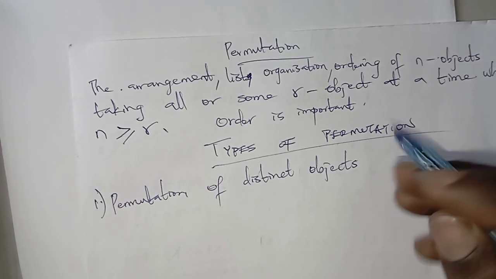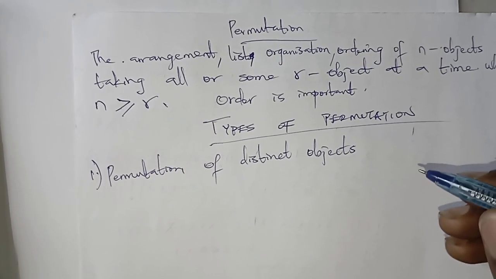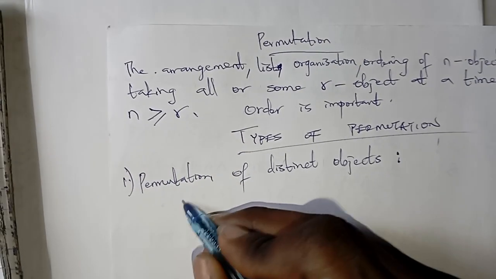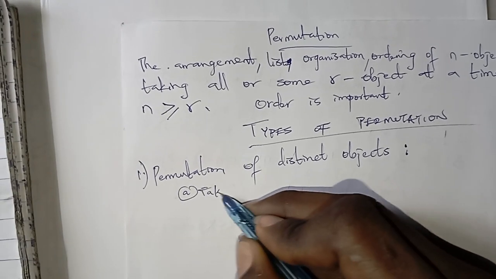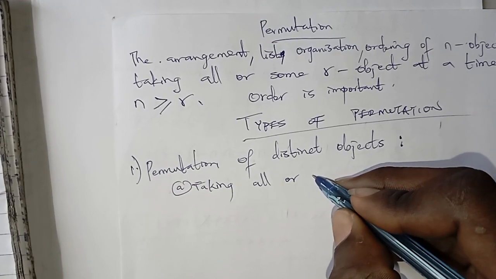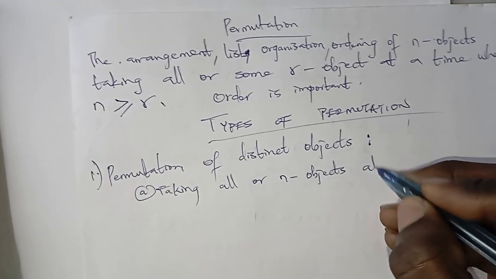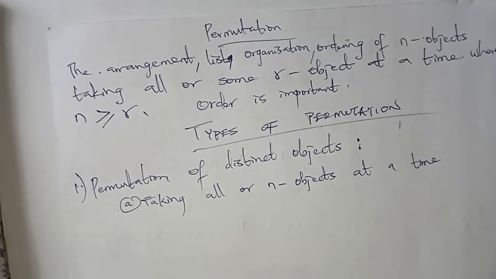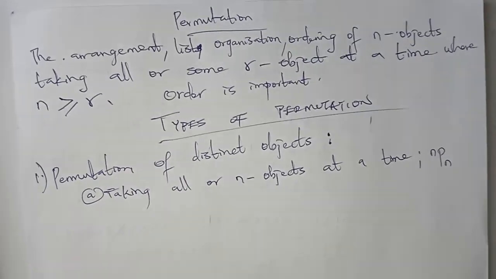And under this permutation of distinct objects, we have, that is A, when we are taking all, or say n objects at a time. And when we are taking all n objects at a time, we use the formula n permutation n.